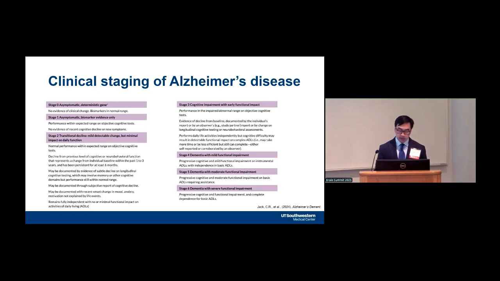Stage 2, again, they still have biomarker positivity. Patients are starting to notice some changes, but they're still overall pretty much normal with their cognitive functioning. Stage 3 should be relatively familiar. That's what we've always been diagnosing as mild cognitive impairment. And then stages 4, 5, and 6 are describing dementias in mild, moderate, and severe stages.